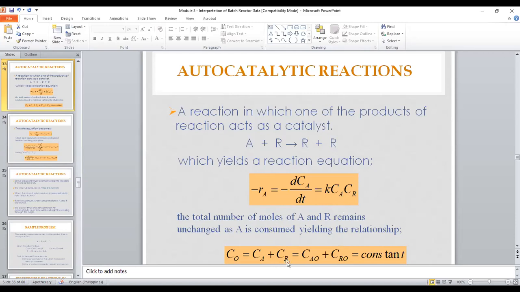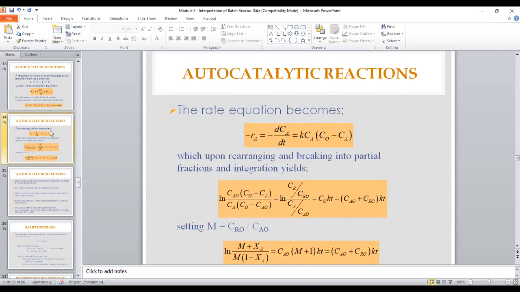So your C sub R would be equal to C sub A0 plus C sub R0, which could be C0, minus the C sub A. So that's the expression that you're going to see here. The C0 is the sum of the initial concentrations of A and R, and of course, you have C sub A in here. So you could see now that the C sub R expression was changed to this.